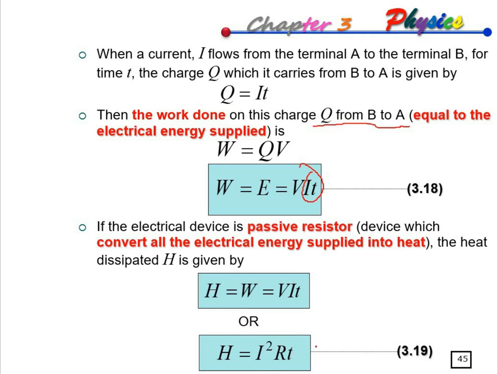Or we can also use the equation H equals V squared over R times t.